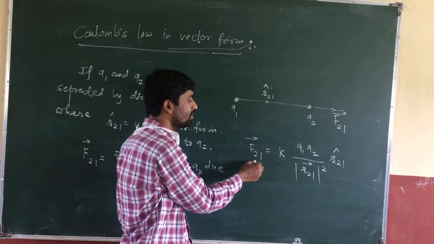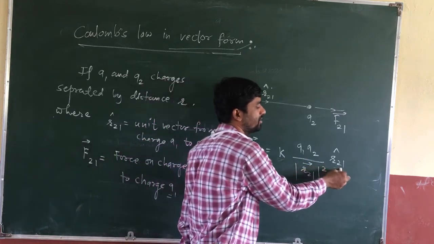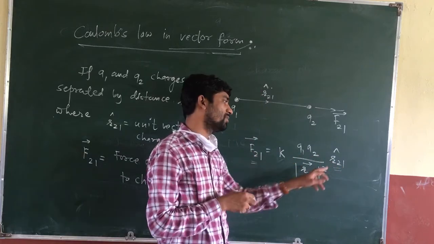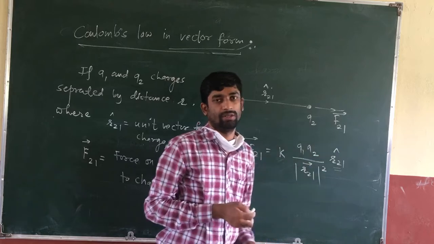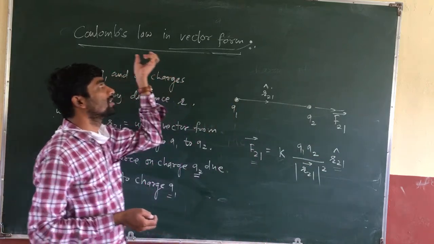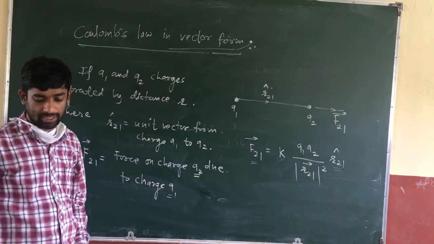And what is the direction of this force? This force has the direction of the unit vector. That's why we have taken the R21 unit vector. This is the representation of Coulomb's law in terms of vector.